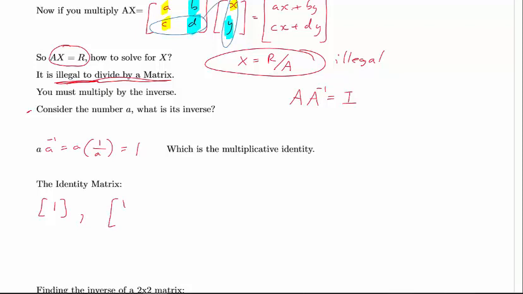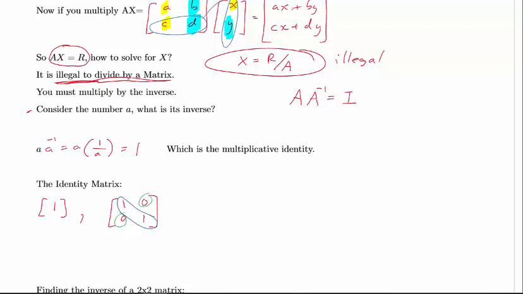Now an identity for a 2 by 2 is 1 0, 0 1. Note the 1s along the diagonal. Note the 0s everywhere else.